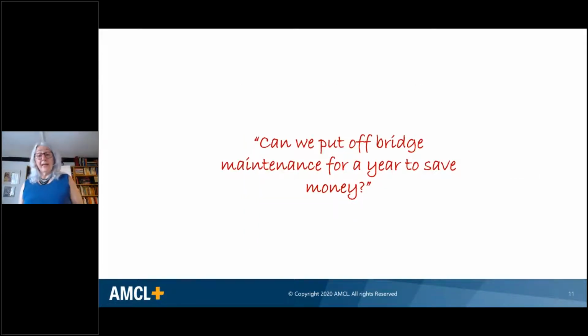And just an allied thought here is about sustainable, which is not putting off things that will give us problems in the end. So I like to use the example of bridges. It can't be said of bridges that we don't know how to manage them. We've had bridges for thousands of years, and we know what it takes to manage a bridge, which is basically to keep inspecting and doing remediation and refurbishment if we find any problems.